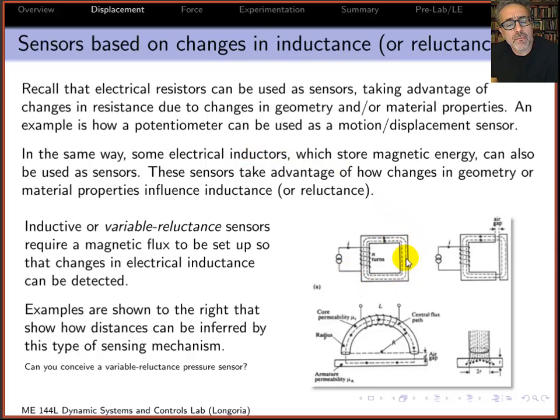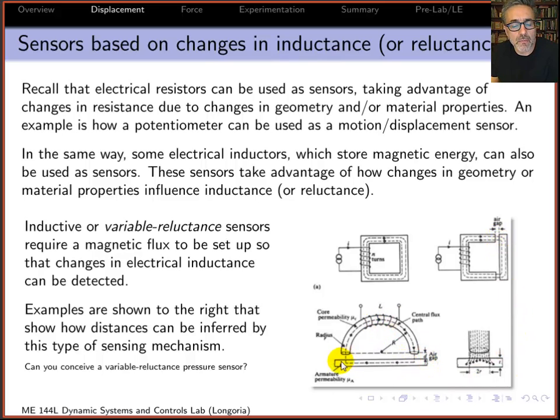devices that store magnetic energy, like in this example, say you create a magnetic flux in this ferromagnetic core. You can envision that if I could detach this core, then as this gap changes, I'm going to get a change in the stored energy, and I can detect what that air gap is, and in that way you can create displacement sensors.